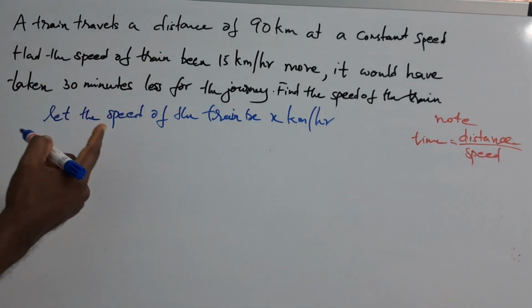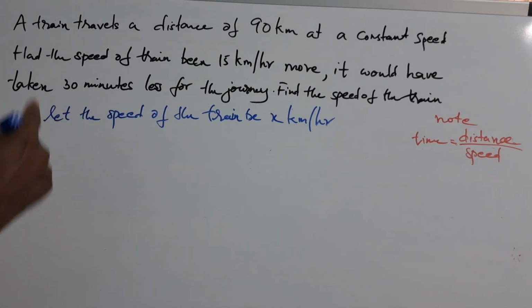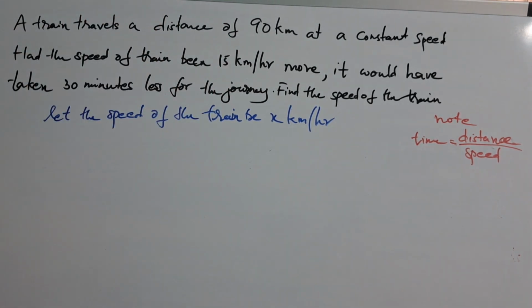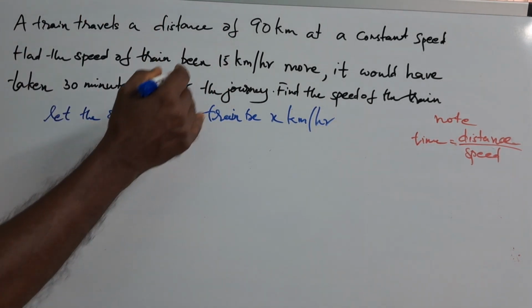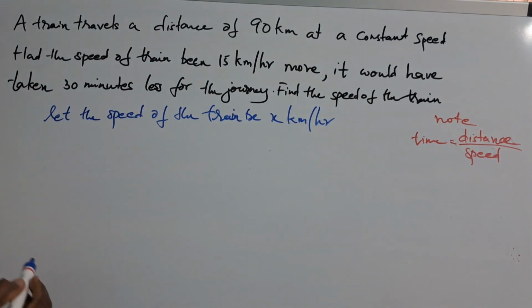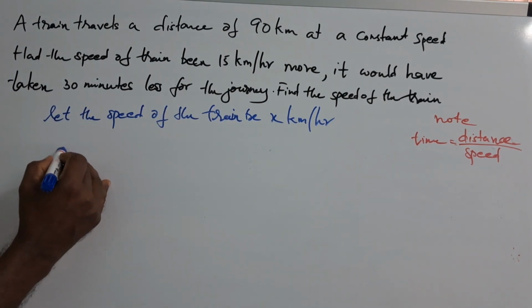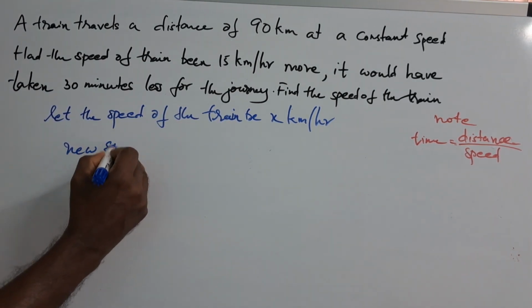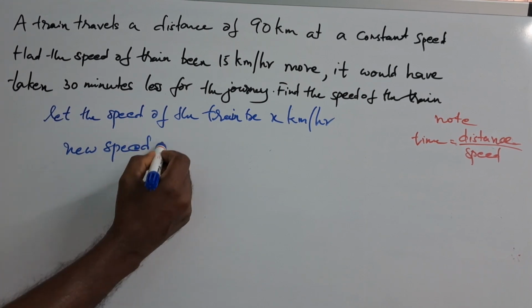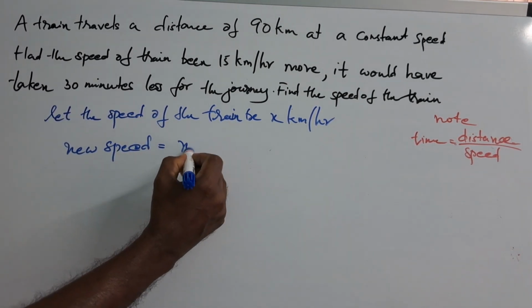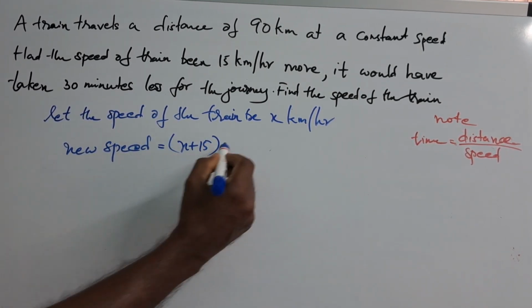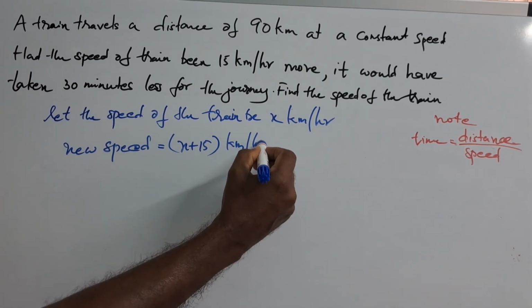And it is given that the speed is increased by 15 kilometers more than the original speed. So the new speed is x plus 15 kilometer per hour.